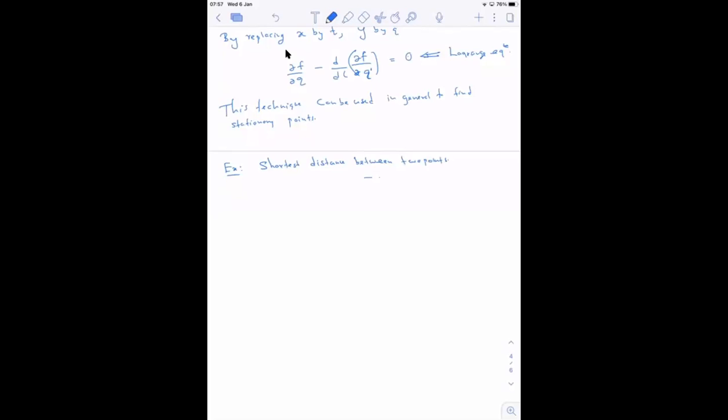Now, what is the equation of the shortest distance between 2 points? I mean, all of you know the answer for this one. So from A to B, what would be the shortest distance? It should be what?